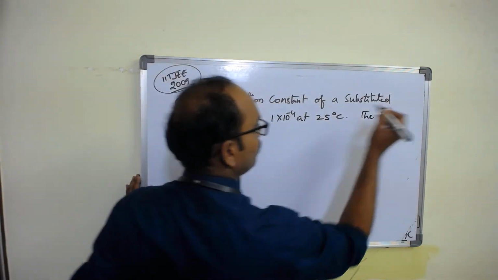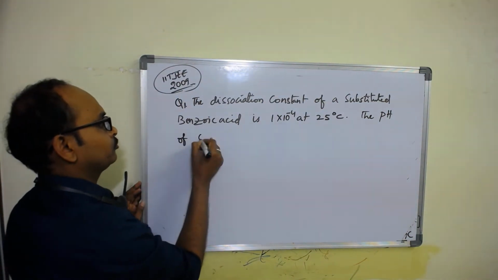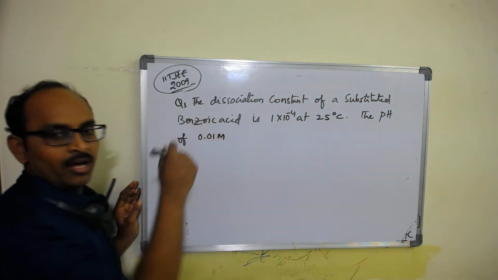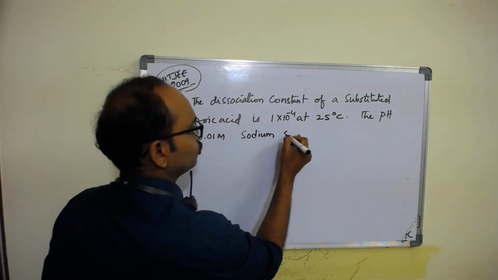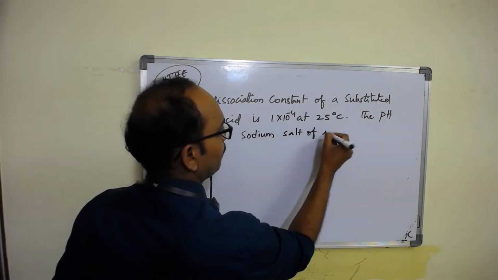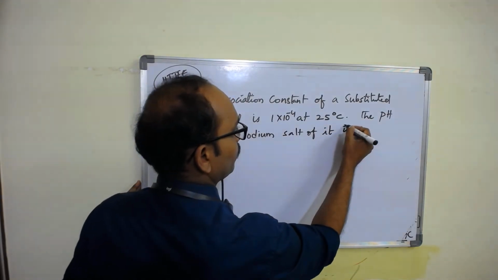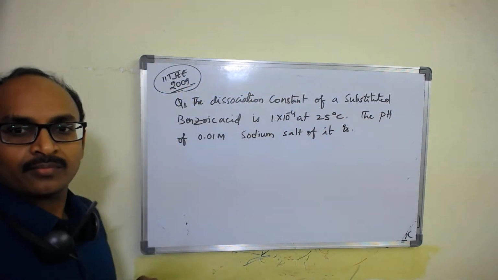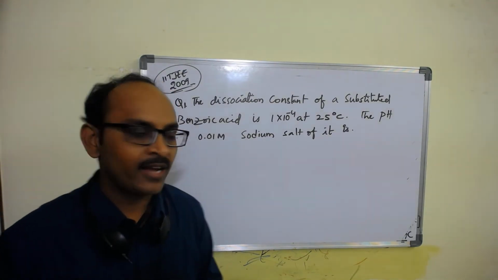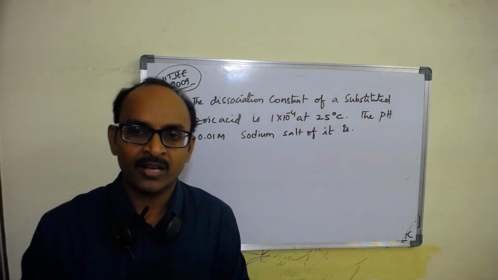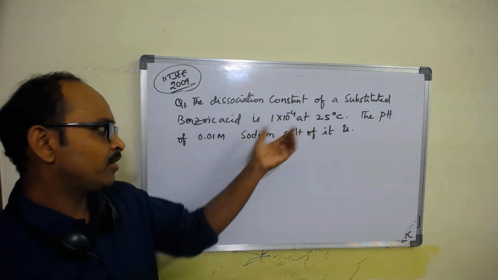The pH of 0.01 molar sodium salt of it is. This is the question. So the dissociation constant of the substituted benzoic acid is given, and the pH value is asked for its sodium salt.